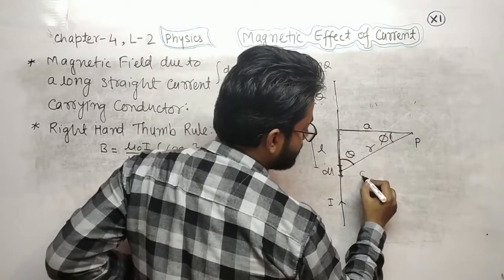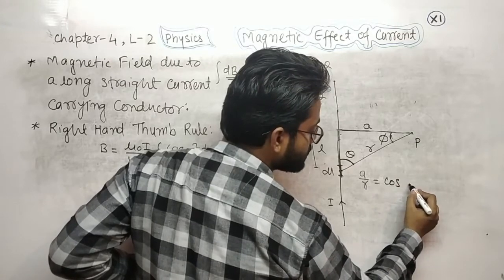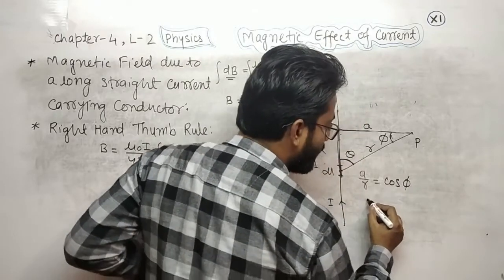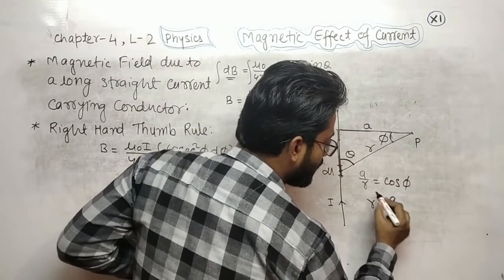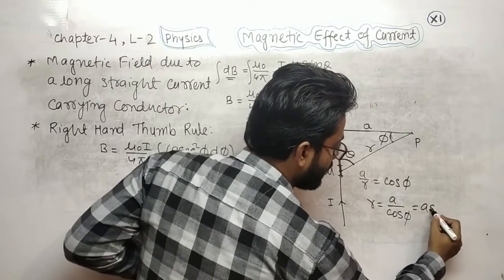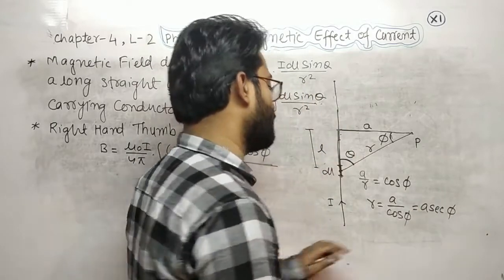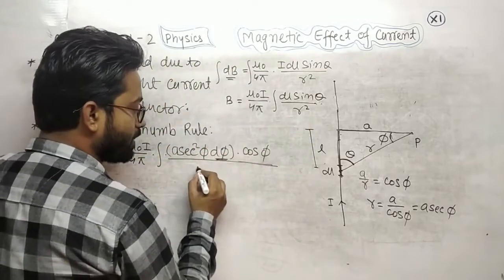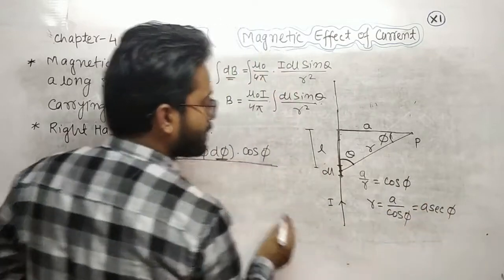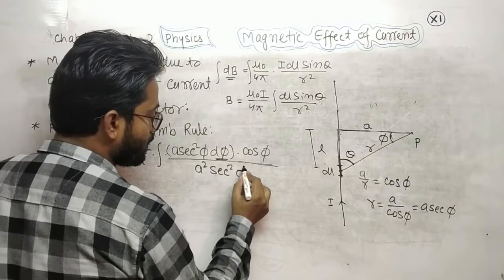Base upon hypotenuse is equal to cos phi, so r is equal to A upon cos phi, or A sec phi, since 1 upon cos is sec phi. In place of r square, you can write A square sec square phi.